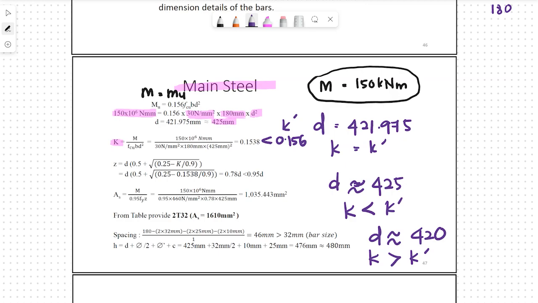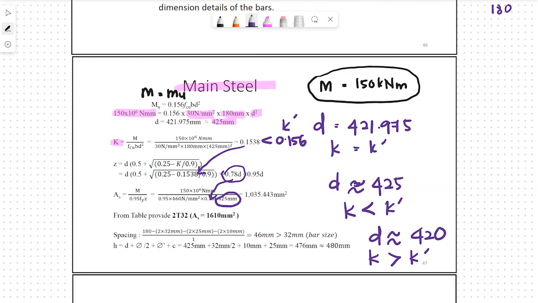And to calculate the Z, same, just put it into the formula and I get 0.780D, which is less than 0.95. So when I calculate the steel area, I use this value. Exactly 0.78D. So for 0.78D, I replace D directly with 425, which is the D I calculated above.